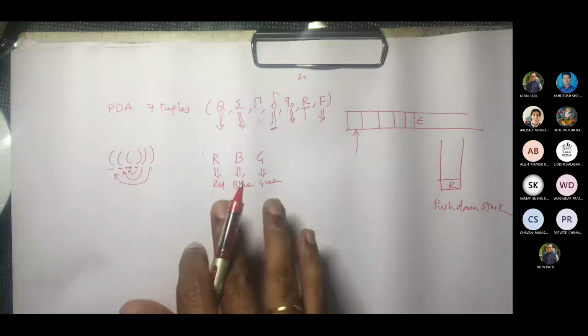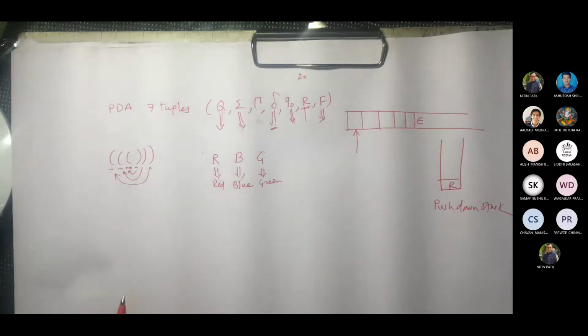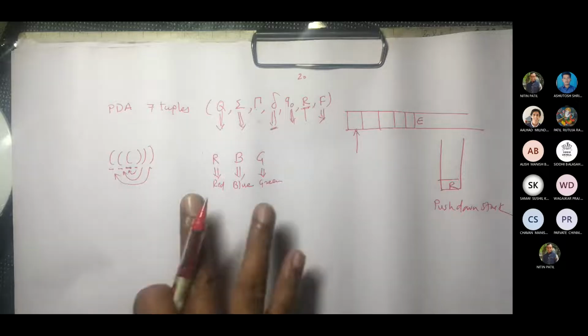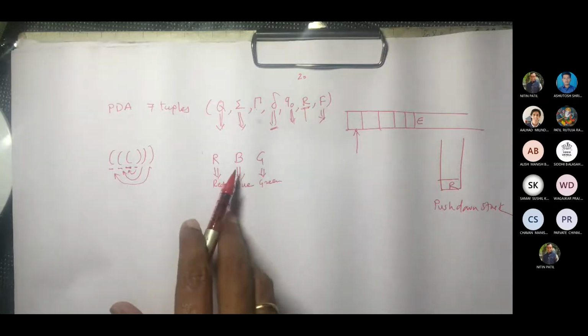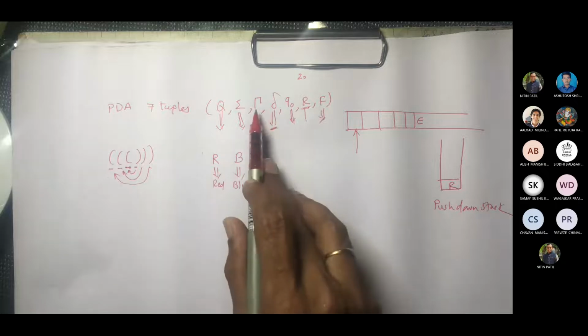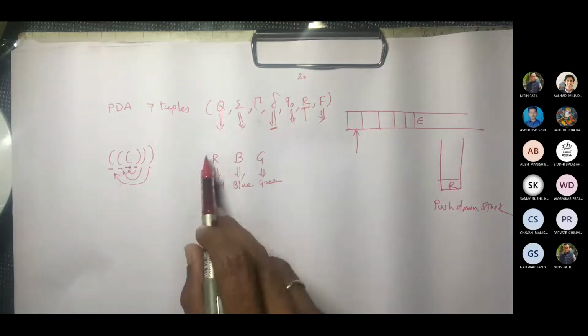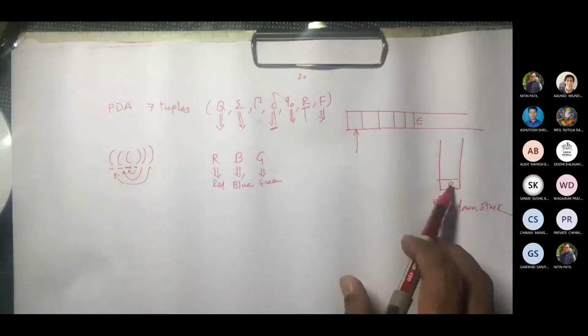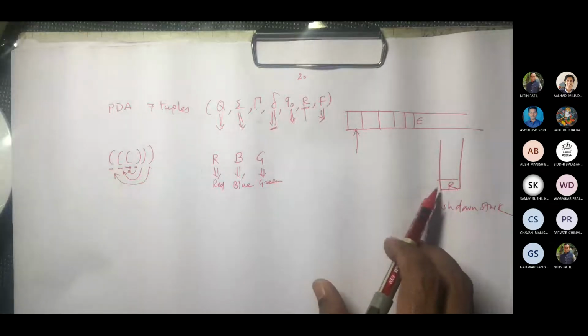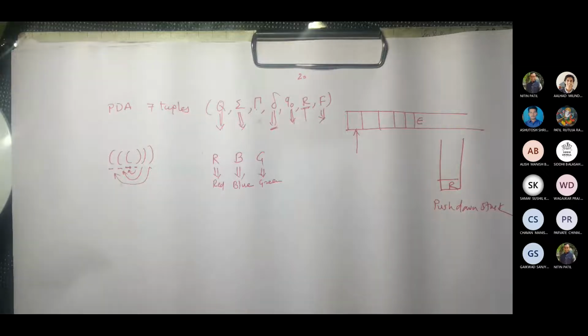These are the few colors I'm going to mostly use. I'm using these symbols to represent red, blue, and green. They would be part of gamma, and one of them always would be the top of the stack. This R I'm going to use here to communicate to the system that my stack starts here.